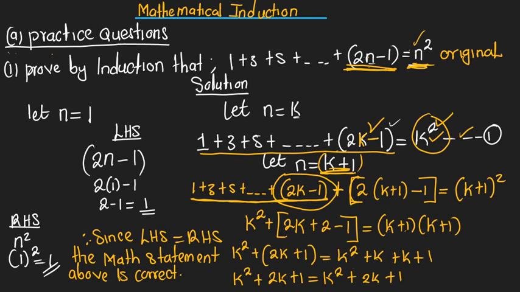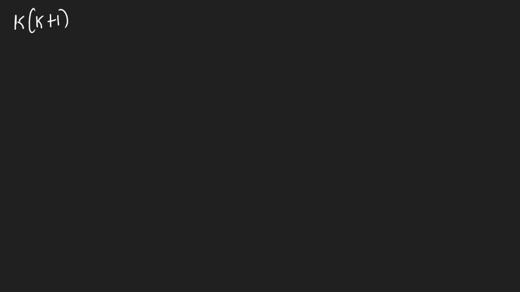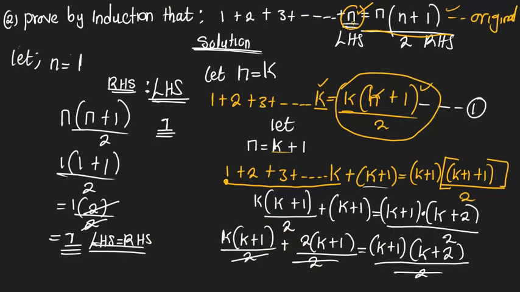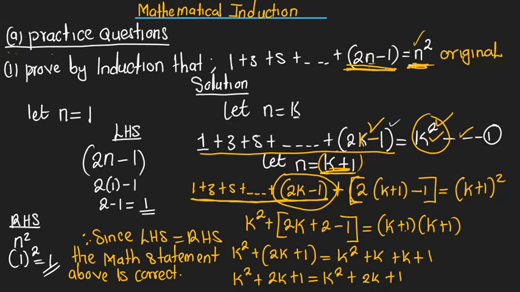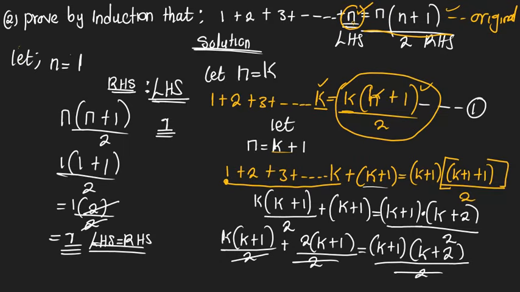Sir, I can't see what's on the screen. So this is going to be k plus 1, then plus 2, then k plus 1. Then this is going to equal to, sir, I can't see what's on the screen.